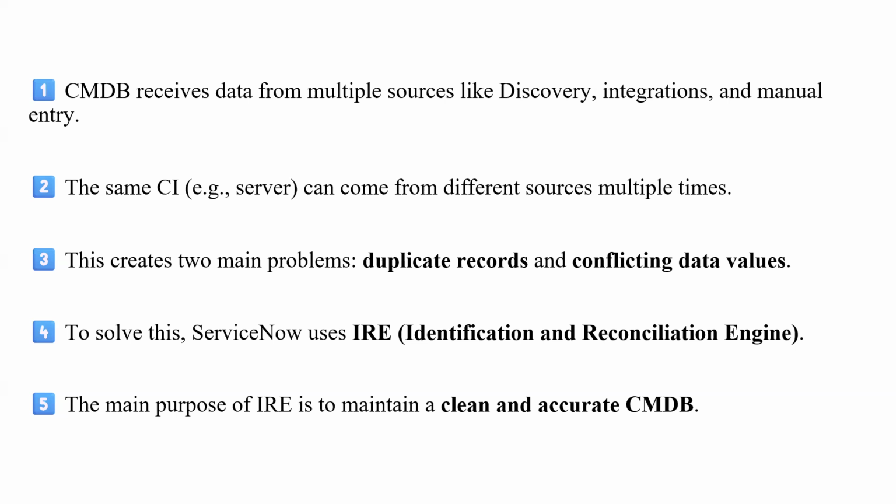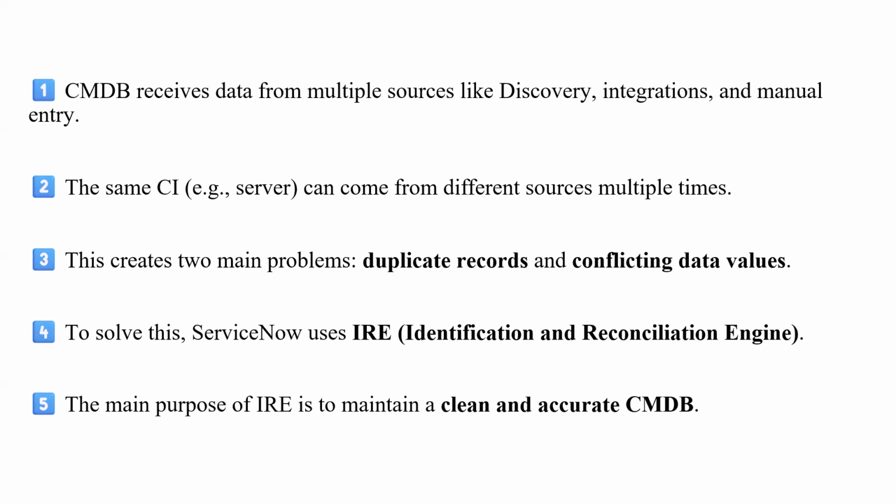For example, one source may say the server IP is one value, while another source may give a different IP, which creates confusion. The system will be confused. To solve this problem, ServiceNow uses IRE, the Identification and Reconciliation Engine. This means that ServiceNow has a specific engine designed to handle duplicate and conflicting data issues.